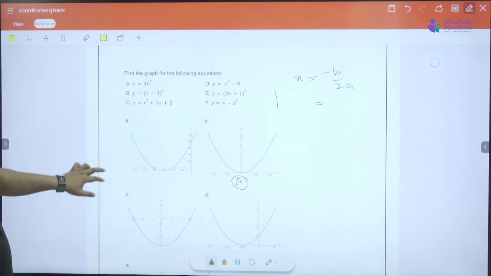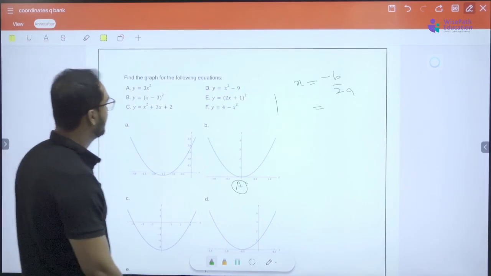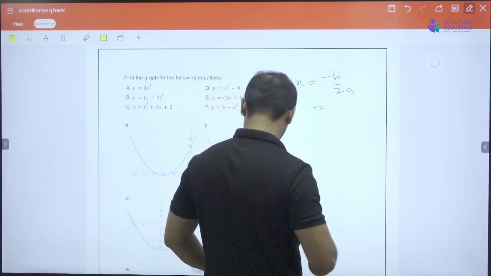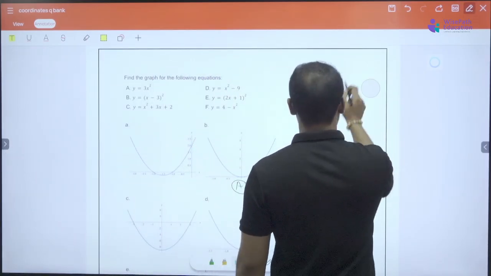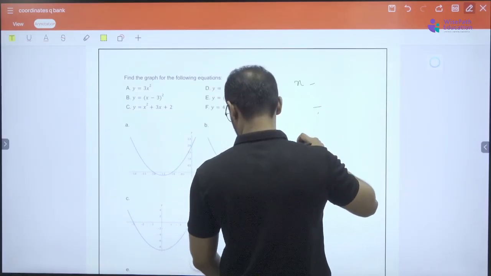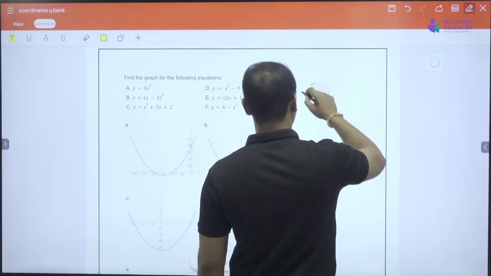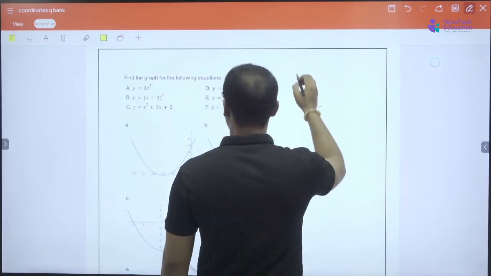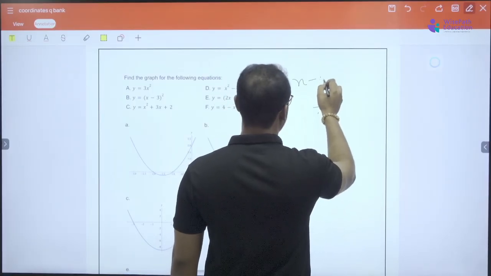b එක y equals මෙන්න මෙයාව නම් simplify කරන්න වෙනවා. x minus 3 square. එතකොට එන්නේ x minus 3 square.